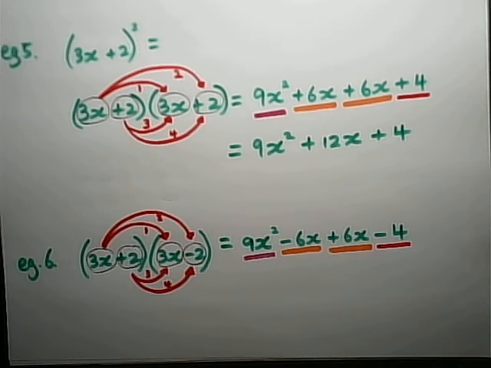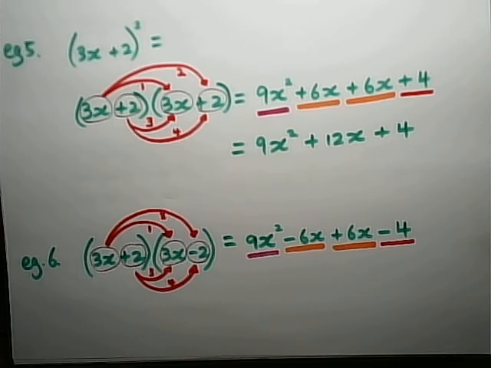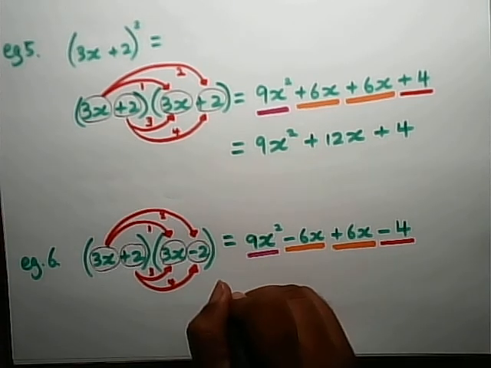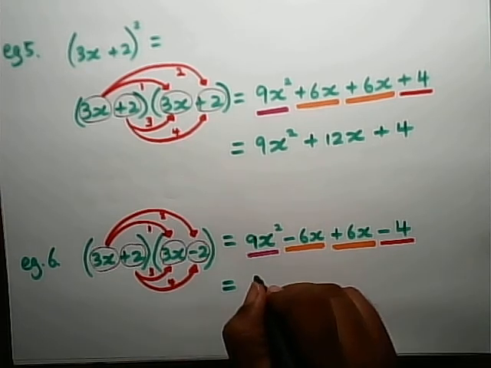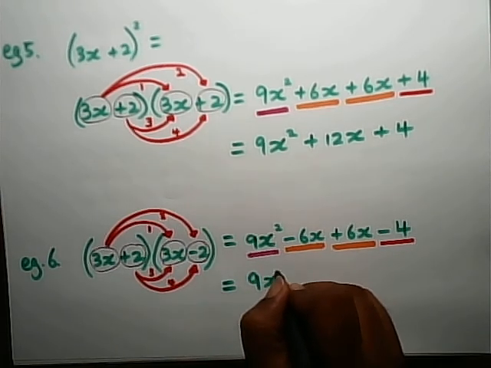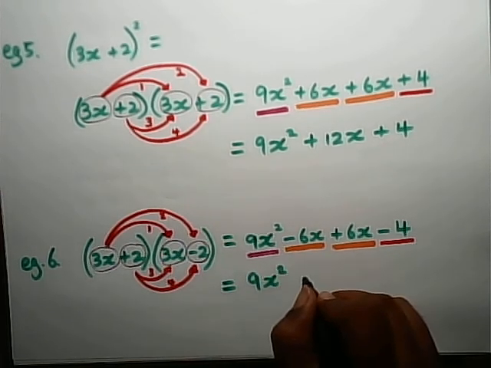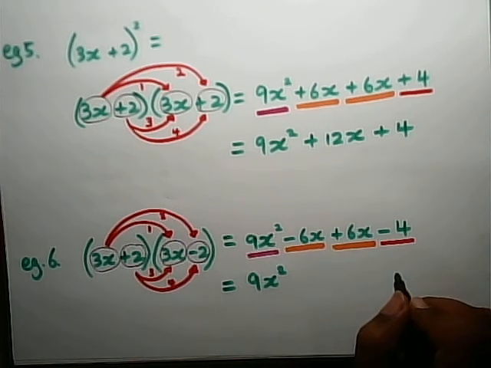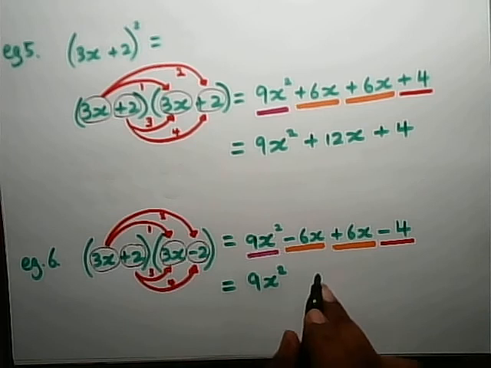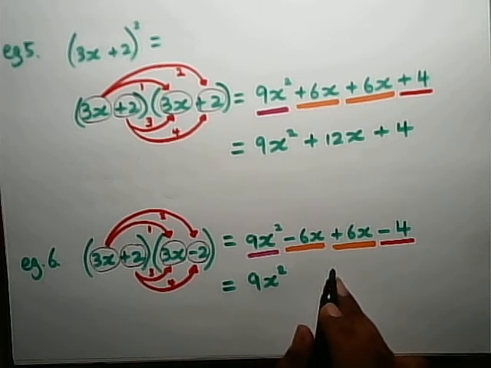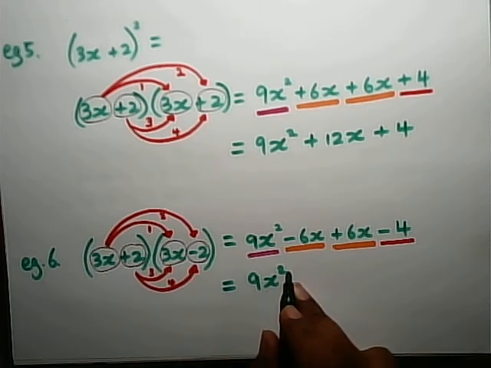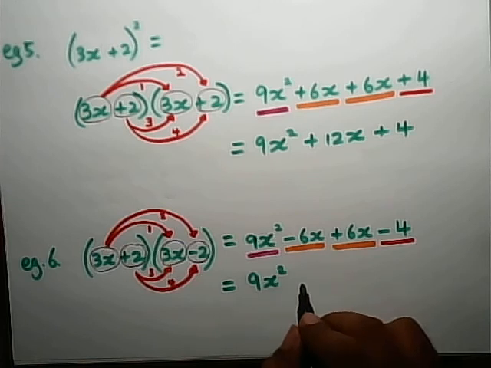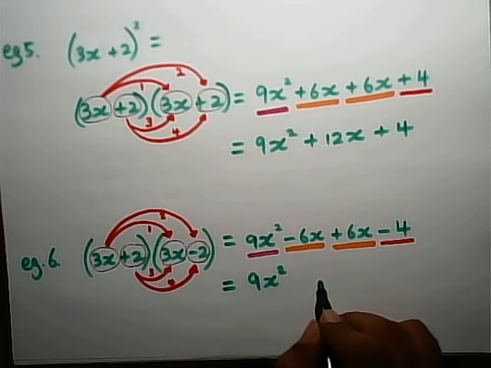Okay, so if that plus that is equal to 0, as a beginner, this is what I will write down: 9x squared plus 0 minus 4. But 9x squared plus 0 is simply 9x squared. So I don't really need to write in the plus 0.